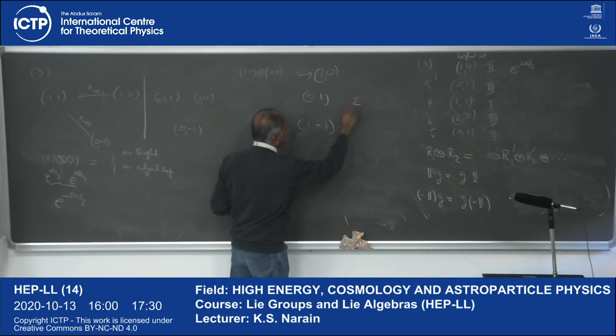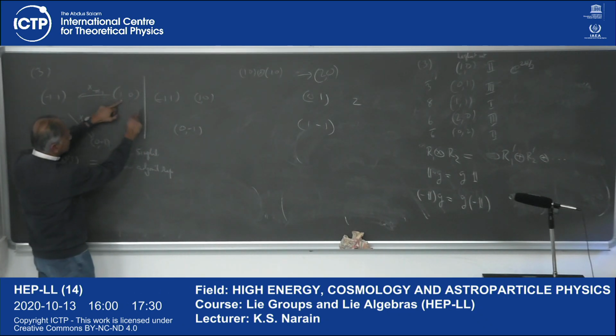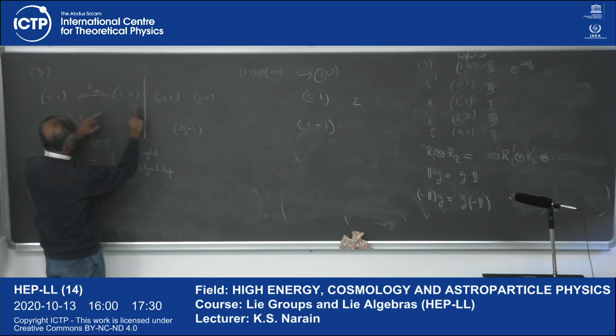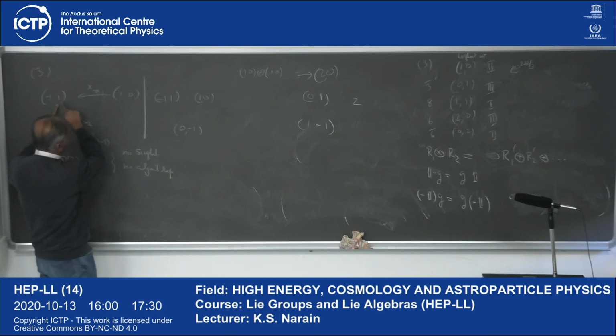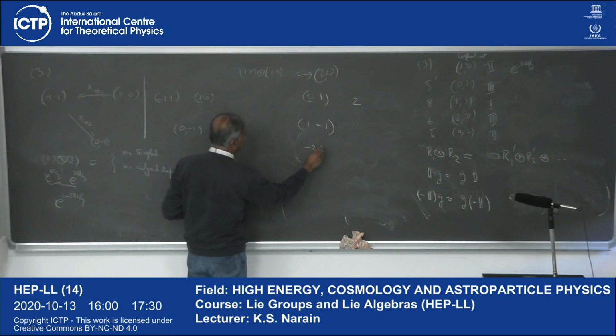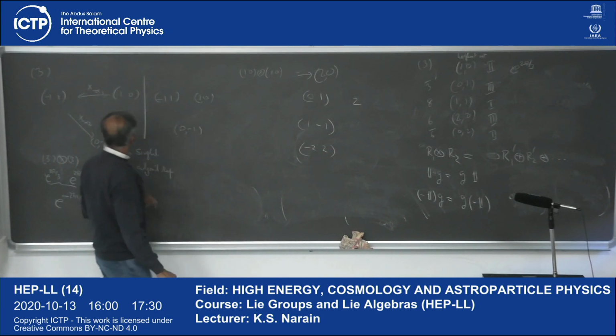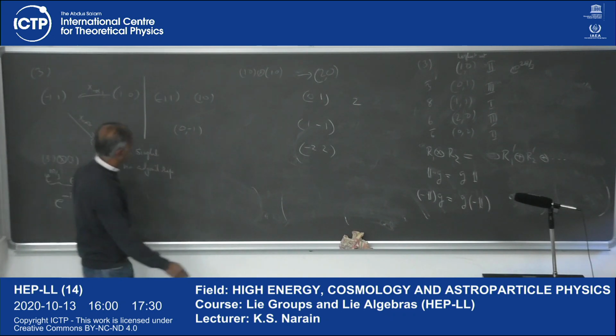So there is multiplicity 2 here, because this with that, and this with that, give you the same weight when you add them up. So there are 2 states, and this with that gives me minus 2, 2. And this with that gives me minus 1, 0.